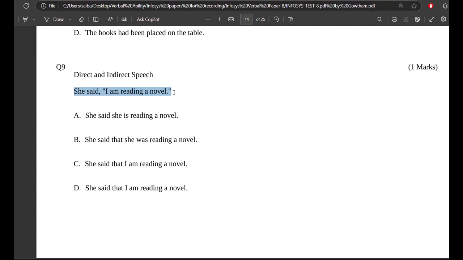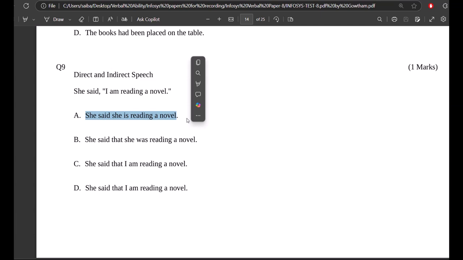So if you look at here, she said she is reading a novel. So here this is incorrect because whenever we are converting direct to indirect speech, we need to use that. So that is the reason this particular option A is incorrect.